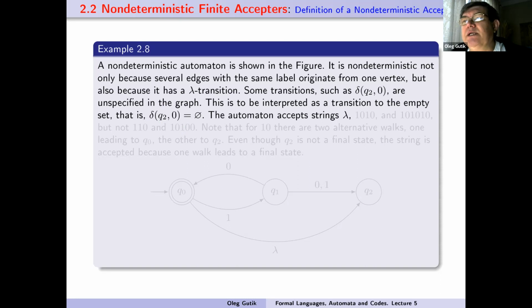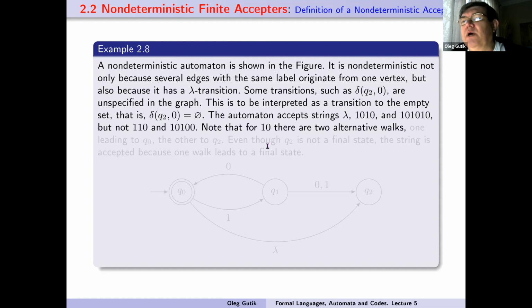The automaton accepts the strings: the empty string, which is denoted by lambda, 1 0, 1 0 1 0, and 1 0 1 0 1 0, but not 1 1 0 and 1 0 1 0 0.